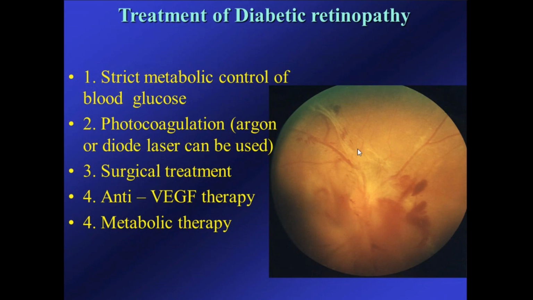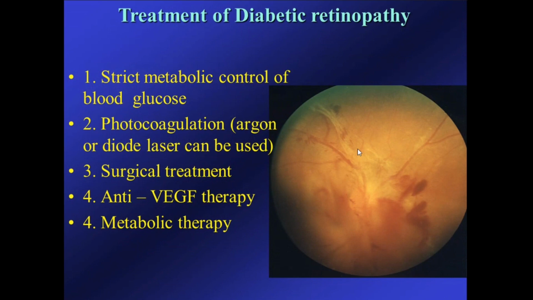In second place is photocoagulation of the ischemic areas. Third place is surgical treatment when we see severe proliferative retinopathy, when we see vitreous hemorrhages. A rather new treatment is anti-VEGF therapy, when we inject some medicine directly into the vitreous body.